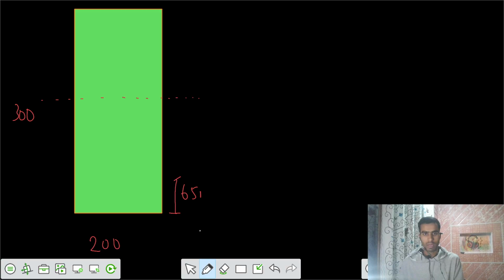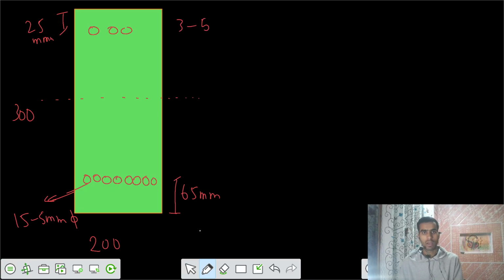Let's say these are your 15 number of 5 mm bars, and at the top we have how many bars? We have 3 number of bars at the top, at 25 from top. This is your 25 millimeters from the top, and we have 3 number of bars of 5 mm diameter.